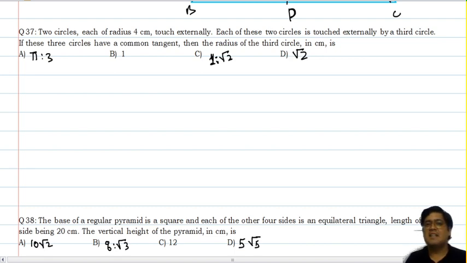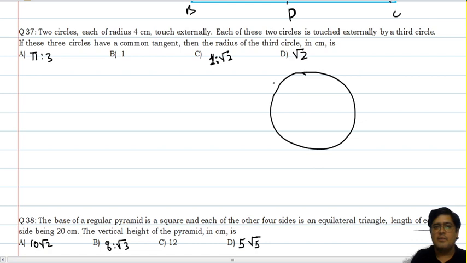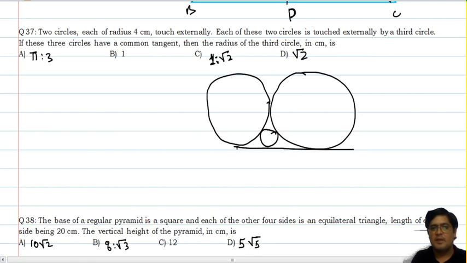Okay, these are very touching circles, guys. One circle, another circle touch each other externally, and there's a third circle which is touching these two, and they have a common tangent as well. The question is, can you find the radius of this?